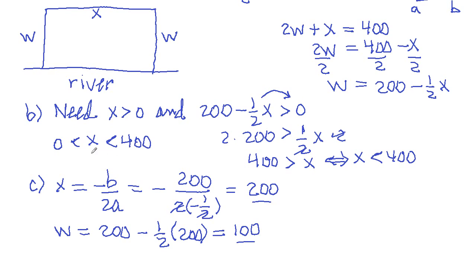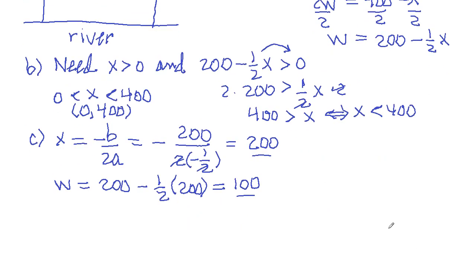Oh, also here in part B, they wanted us to write our answer in interval notation. So in interval notation, that would be 0, 400, and those would be parentheses. And that wraps that one up. Oh, but while we're at it, let's go ahead and find that maximum area. So our max area is going to equal the function value at 200.